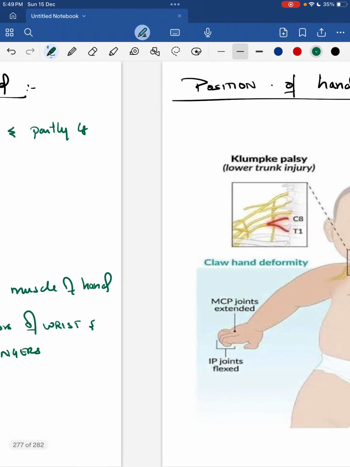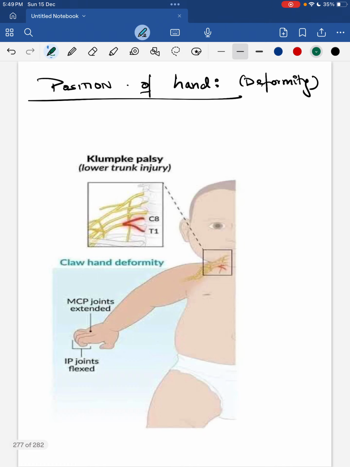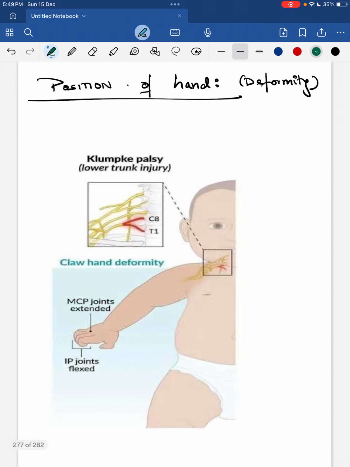Ulnar flexors of your wrist and fingers are getting paralyzed here, right? Yes. What will be the position of the hand here, or what will be the deformity? Since your intrinsic muscles of the hand and ulnar flexors of wrist and fingers are getting paralyzed, the child will be having a claw hand.